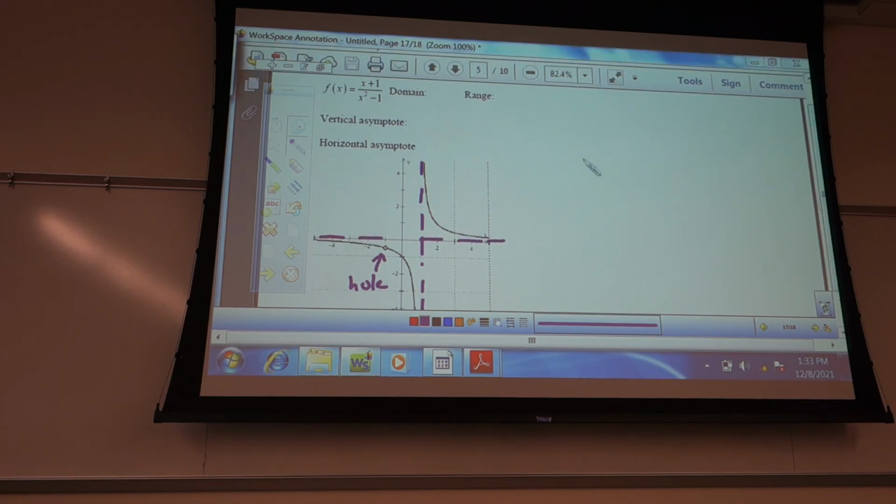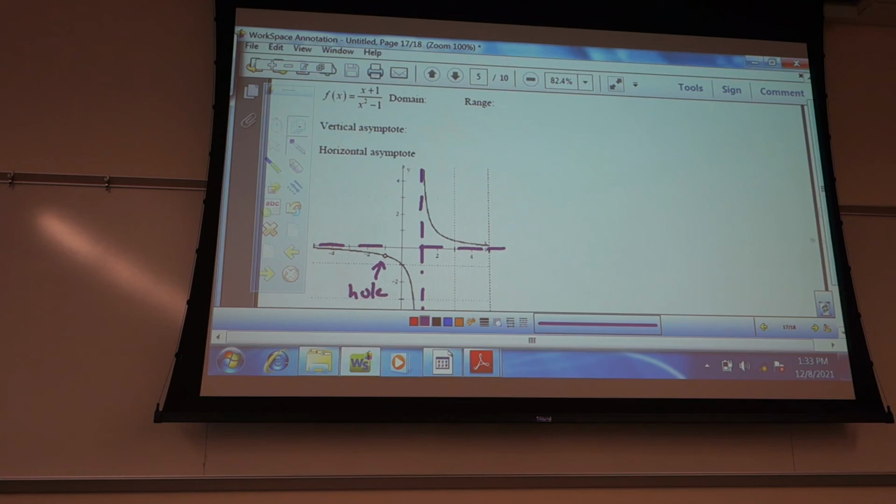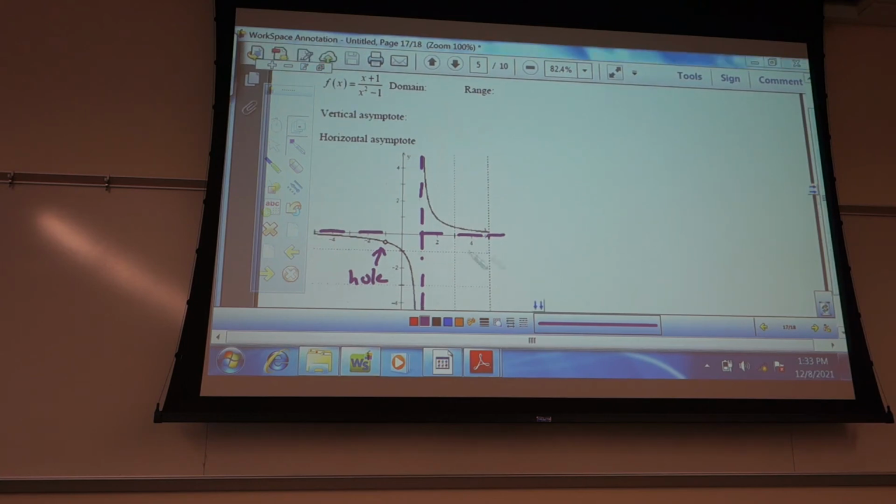So what's my domain of this one? X can be everything except for what? Negative 1. That's where my hole is. What else can x not be? Positive 1. That's where my asymptote is. What's my range? What can y not be?